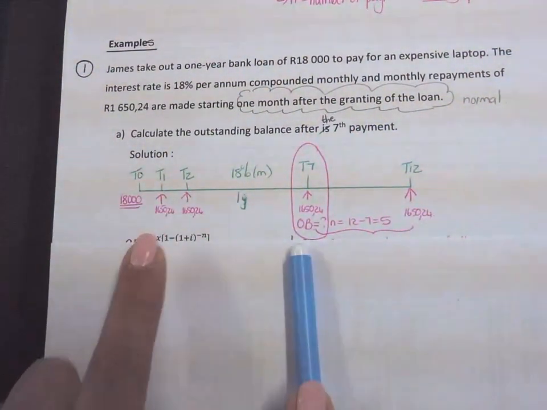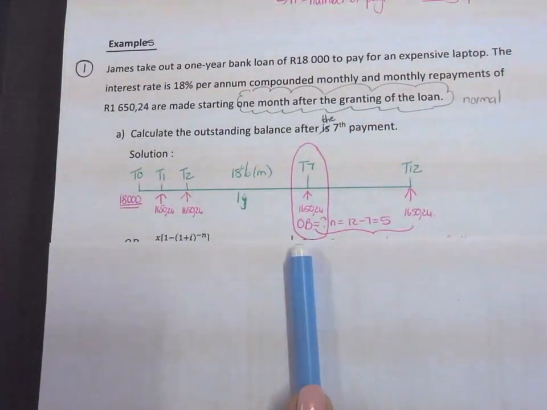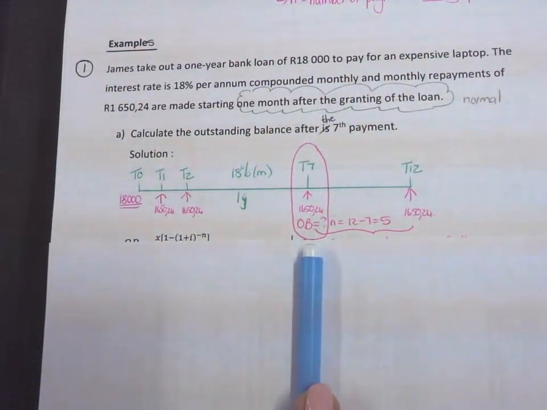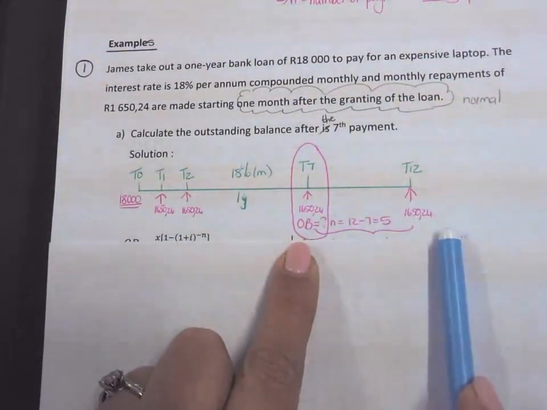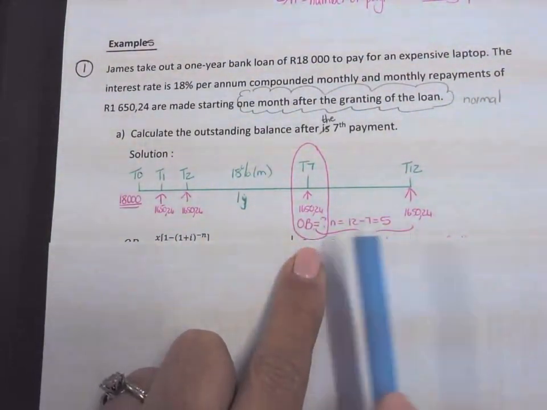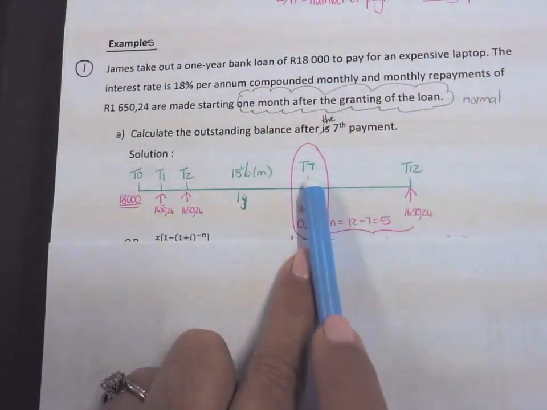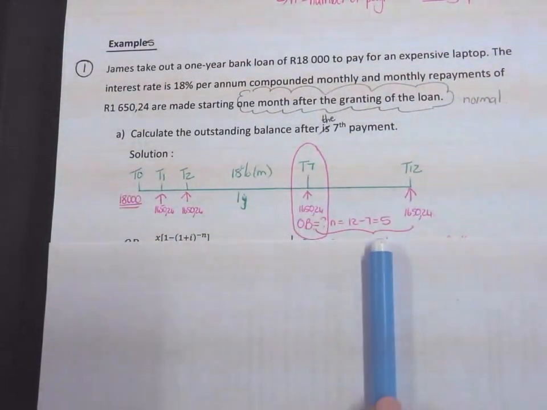Then at T7, after the 7th payment, let's say he won the lotto and now he wants to pay off the loan. Now he wants to know what is the outstanding balance for the rest of the period. So your N will be 12 minus 7. So there are still 5 payments left. You don't add 1.